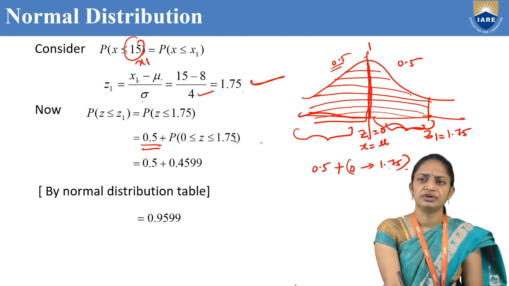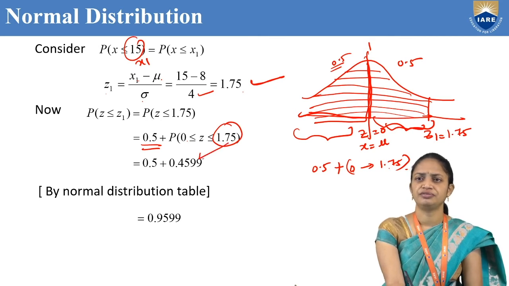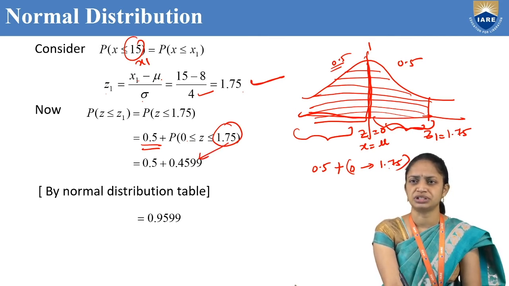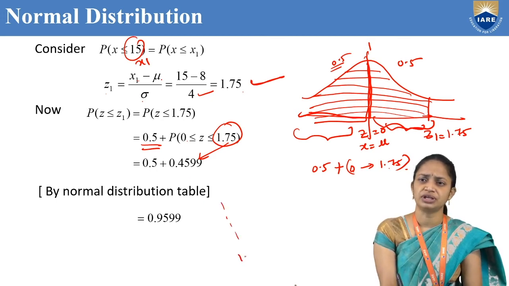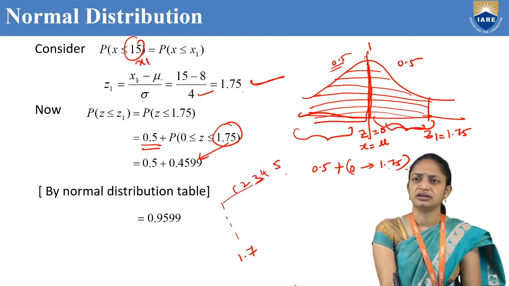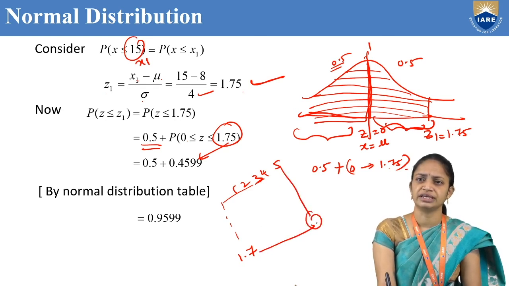Okay, so we take this value from the normal distribution table. How to take this value in the normal distribution table? We have to take 1.7, and we need to take 5. So 1, 2, 3, 4, 5 like that. That value is there. So in 1.7 we need to take 5, and we will get this value.